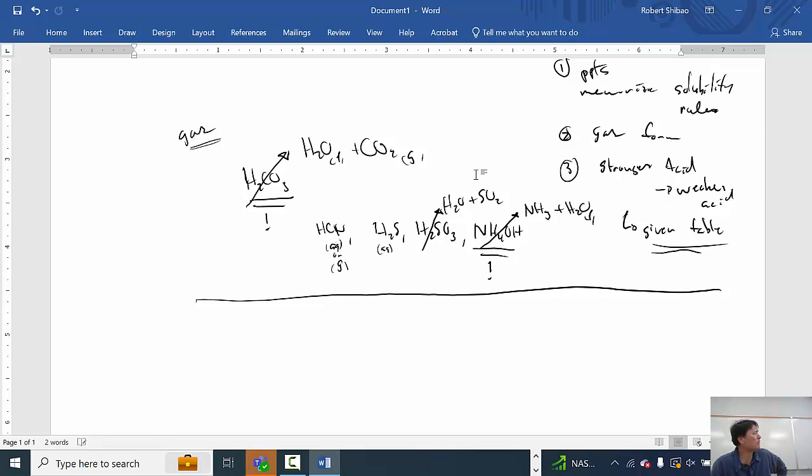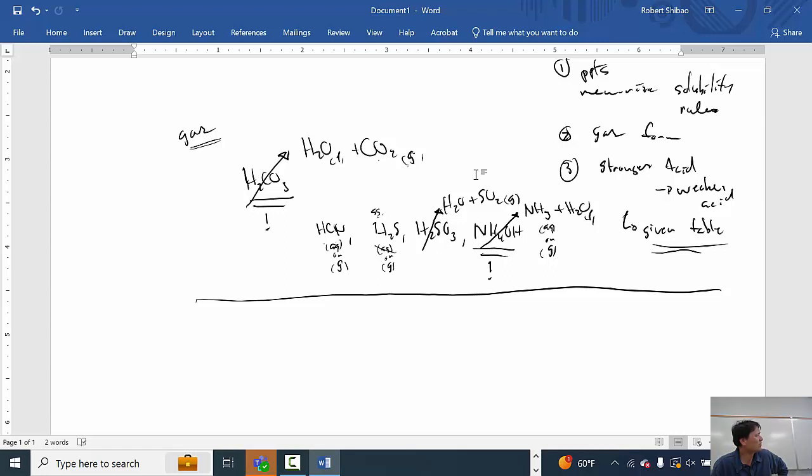Very little H2S dissolves. This is borderline, slightly soluble, or gas. It's primarily gas in this case. Both of these are primarily gas. CO2 for sure is a gas only. Very little CO2 dissolves in water. SO2 is going to be a gas. Ammonia is going to be aqueous or gas. Ammonia is quite soluble. And H2S has minimal solubility.